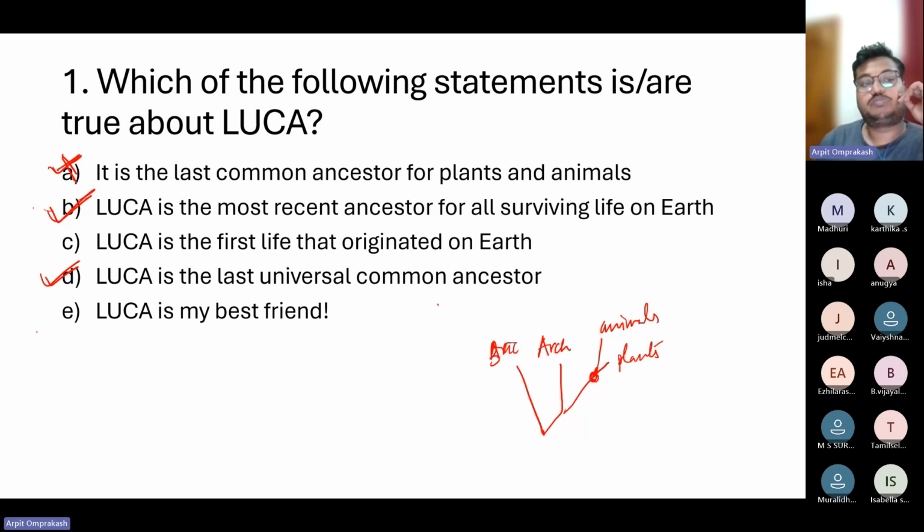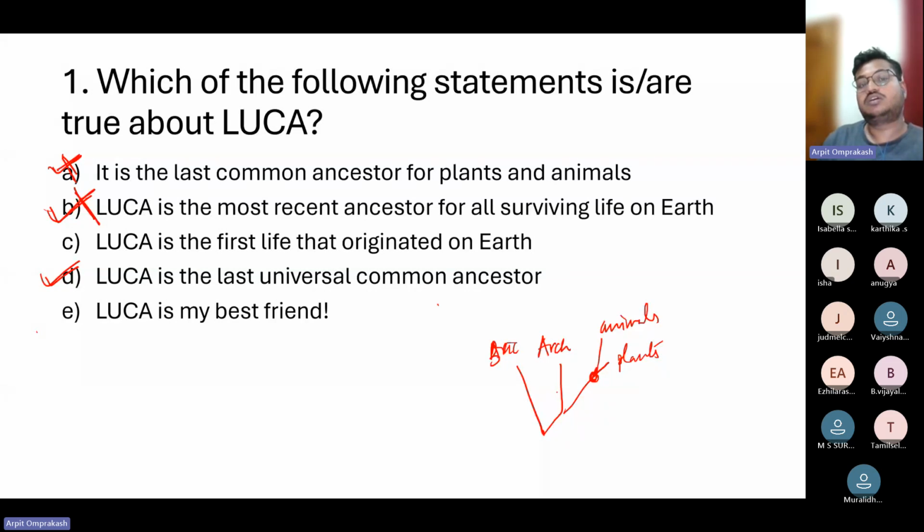So B is also not true because it says most recent ancestor for all surviving life on Earth. Luca is not the most recent ancestor for all surviving life on Earth.